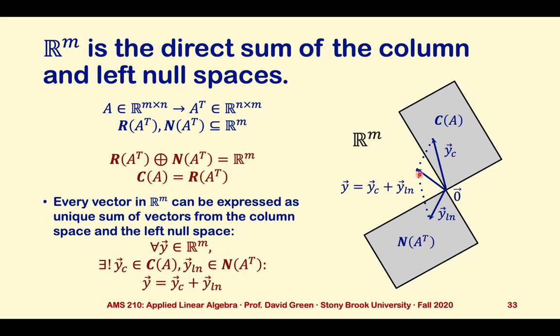And there may be other vectors that are neither in the column space nor in the left null space, but can be described as a sum of one vector from the column space and one from the left null space. And this is a unique representation in exactly the same way we had for the row space and the null space. All right.